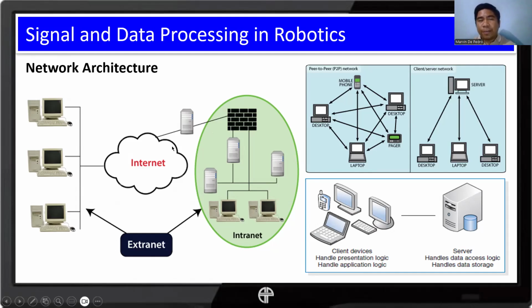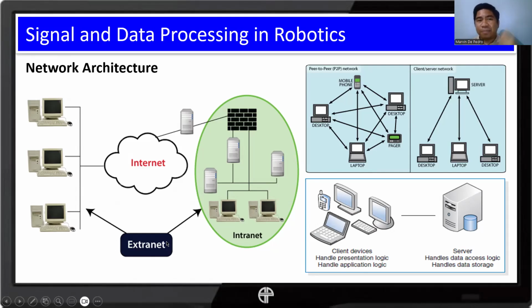Now if you want the best of both worlds, but you don't want to go via the internet. For example, you don't want to go through the internet, but you want your local devices, your robots here and the servers within your premises to communicate with the outside world, like those from other countries or from other far areas, then what we can choose is the extranet.